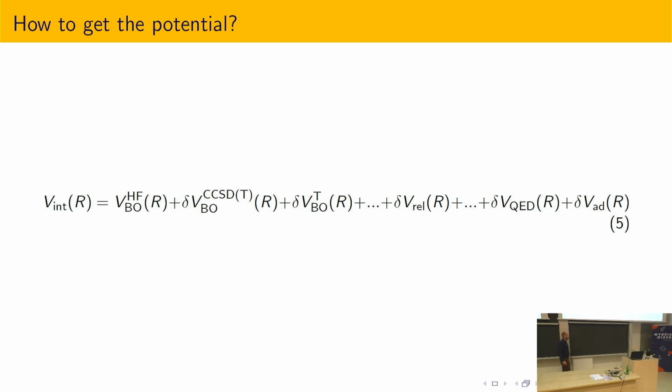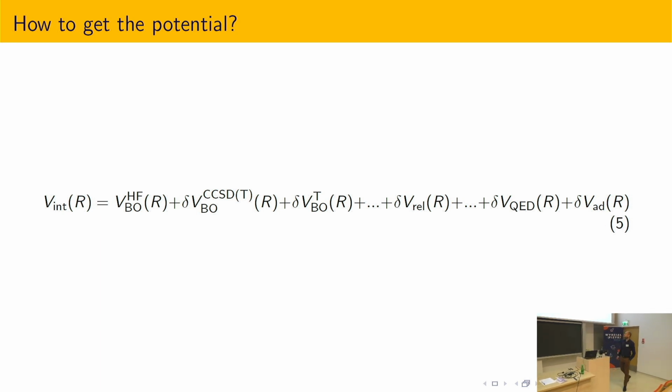If you are more familiar with the configuration interaction description, it means that we include also most of the quadruple excitations. But usually this is not enough, and our expansion has to be longer. We should include also higher excitations, which you see by these three dots here.